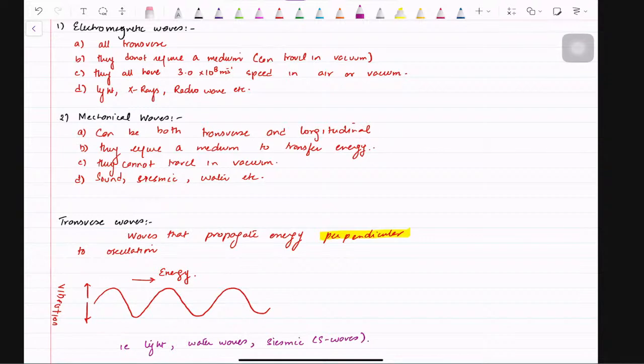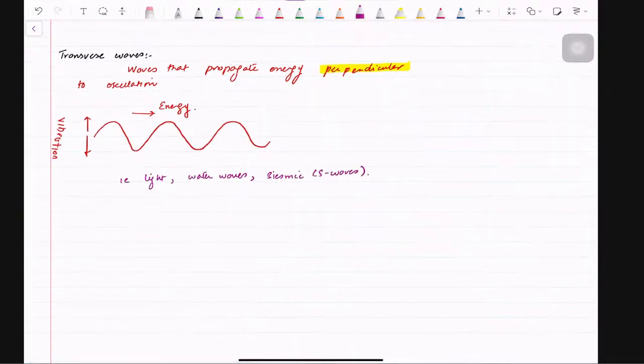Okay. All right. Should I go forward then? Sure. Okay. Now, the next type is the longitudinal one, right?